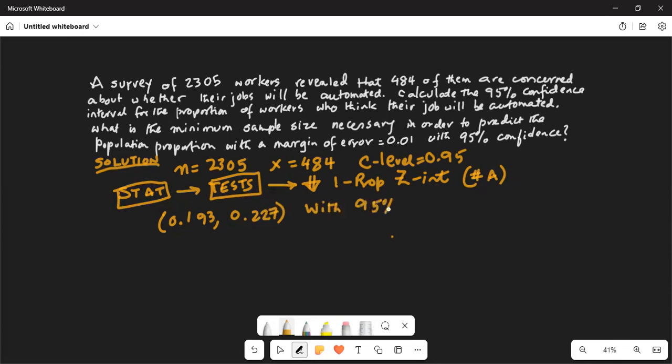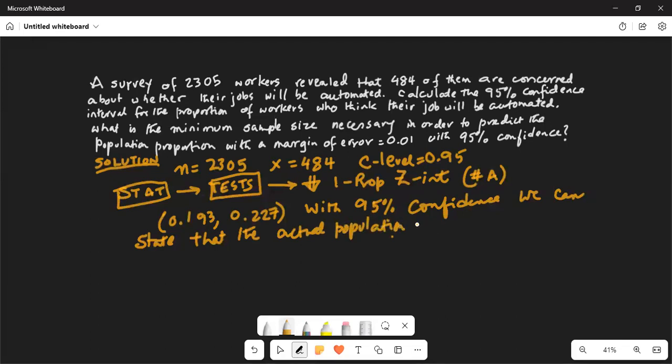With 95% confidence, we can state that the actual population proportion will fall between 0.193 and 0.227.